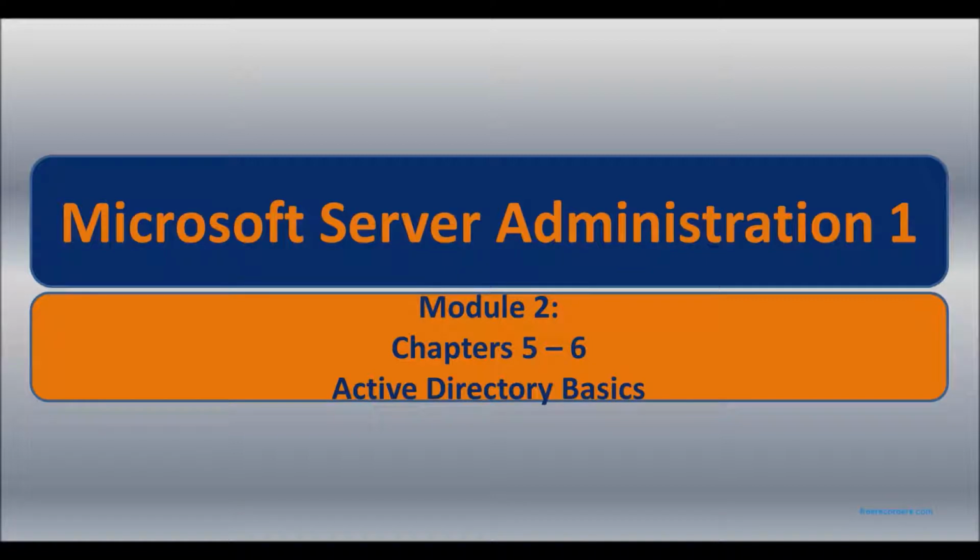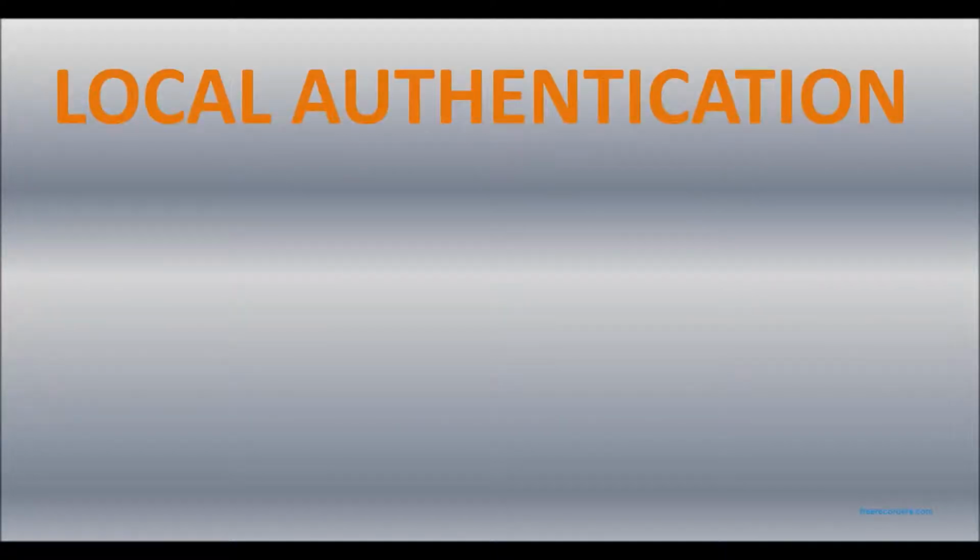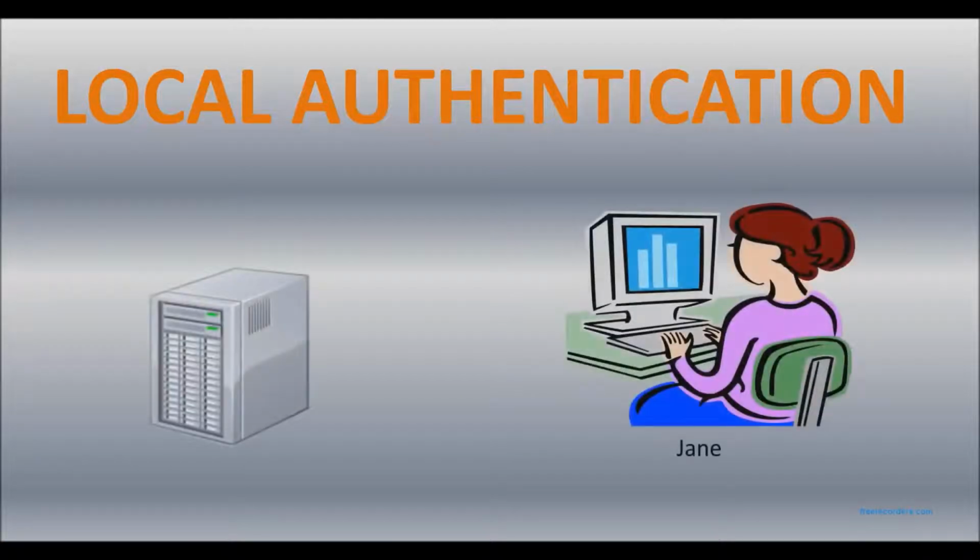The reason it's that way is because we're using something called local authentication. What I mean by the word authentication is proving you are who you say you are, in this case, by the use of a password. Now, the way local authentication works is on any Windows computer, we have a small database.